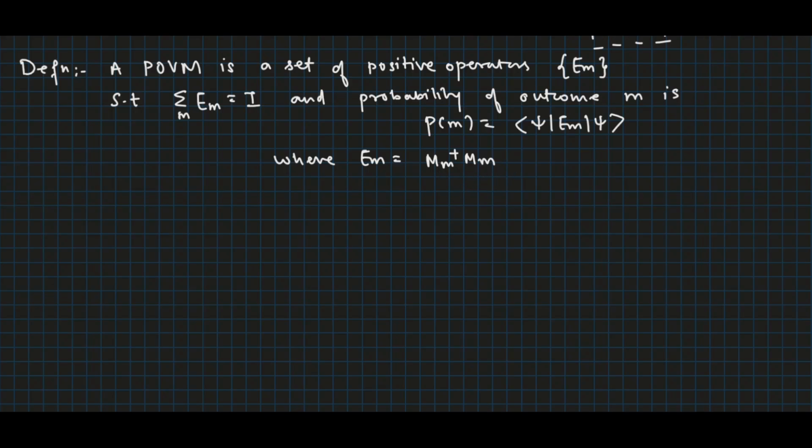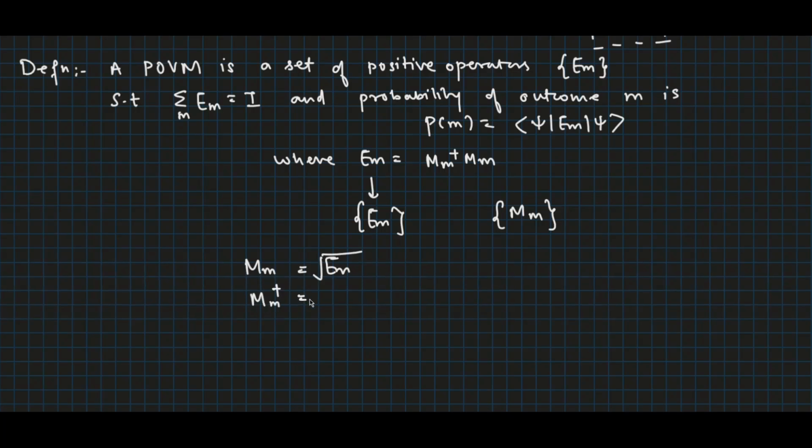So for all POVM sets E_m, there exists a set of measurement operators M_m. That is, if we define M_m equal to root of E_m, where M_m is our measurement operator, which implies M_m is Hermitian.